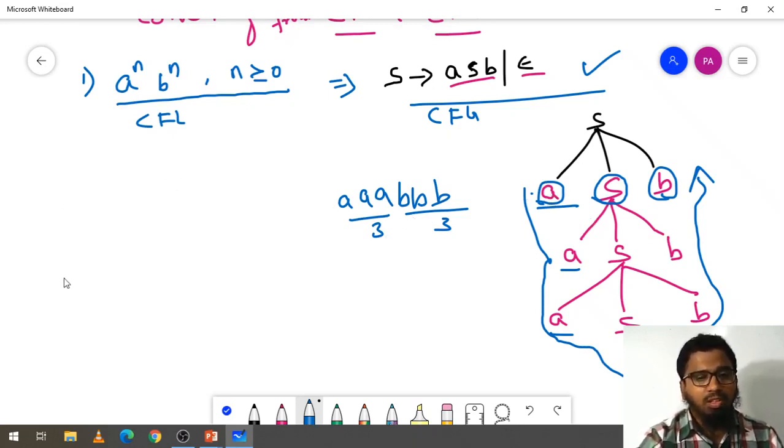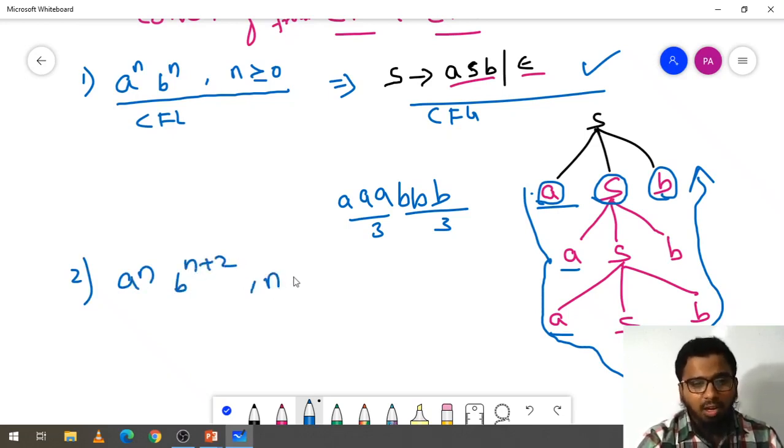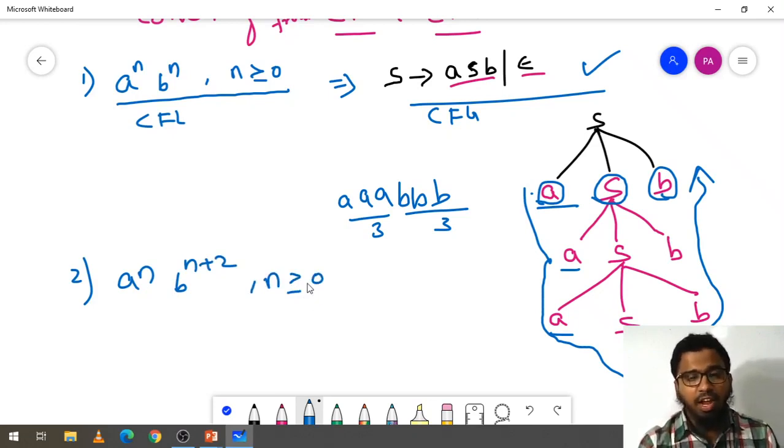Okay. Second example, take a power n, b power n plus 2, n greater than or equal to 0. For this, how can you make the grammar?